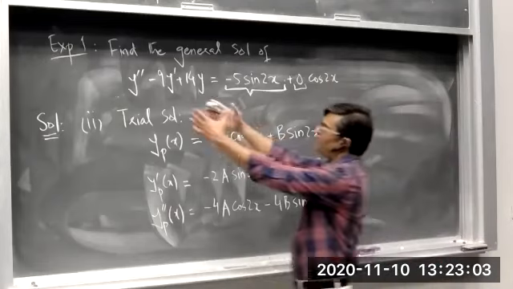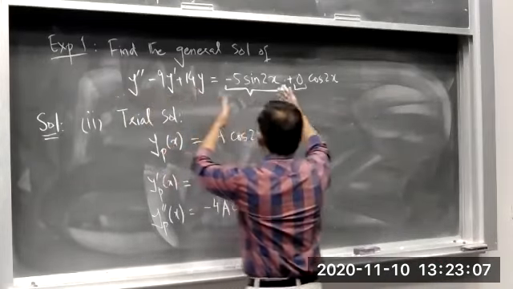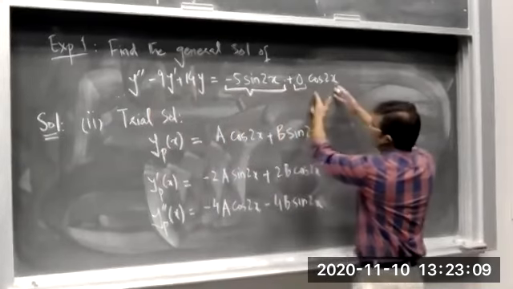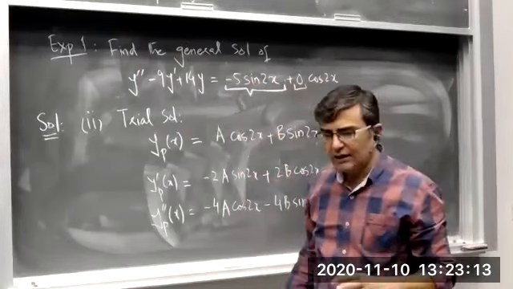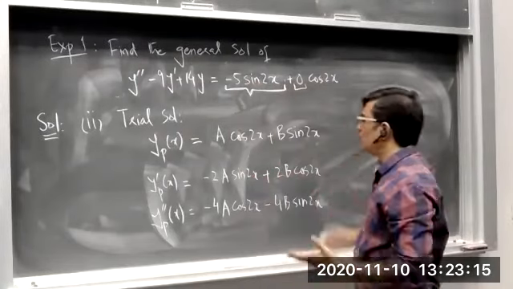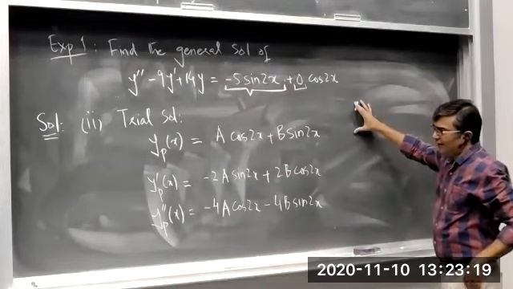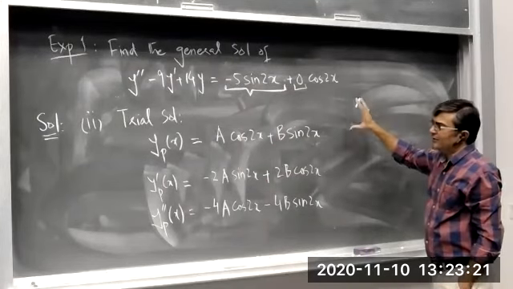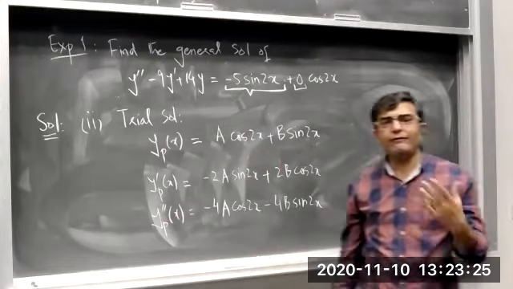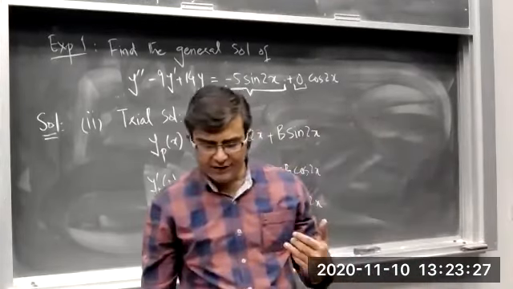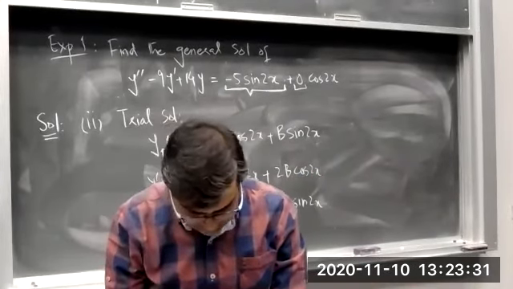Now you obtain the coefficient of sine 2x and coefficient of cos 2x here, and coefficient of sine 2x and coefficient of cos 2x here. Comparing coefficients of sine 2x and cos 2x, we will obtain two equations in A and B, which are undetermined coefficients. After solving those equations, you can find the values of constants A and B, and I hope you can write the solution.